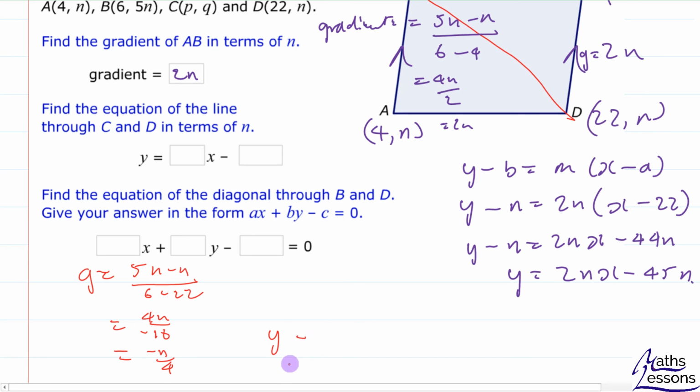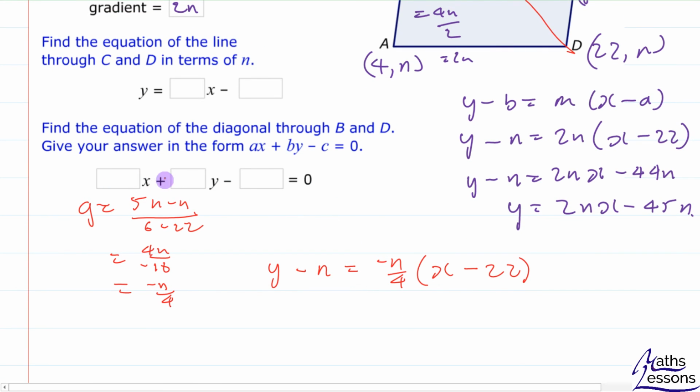So we now know it goes through this point (22, n). So we get y minus the y value, minus n, equals the gradient, minus n over 4, times x minus the x value, which is 22. They want it in the form ax plus by plus c, so let's times that by 4 to get rid of the fraction. So we get 4y minus 4n equals minus n times x, which is minus nx, and minus n times minus 22 is plus 22n.